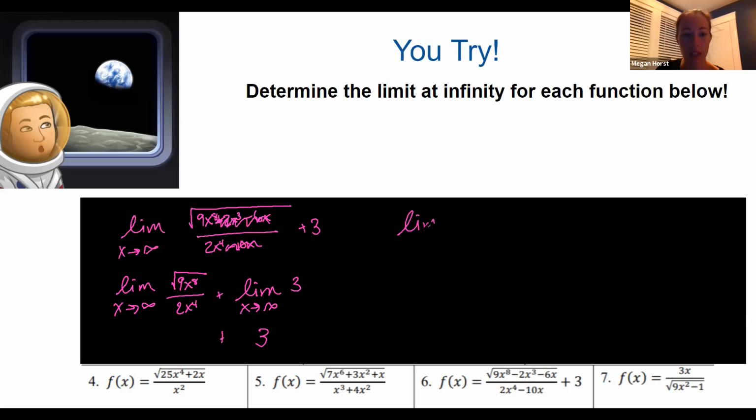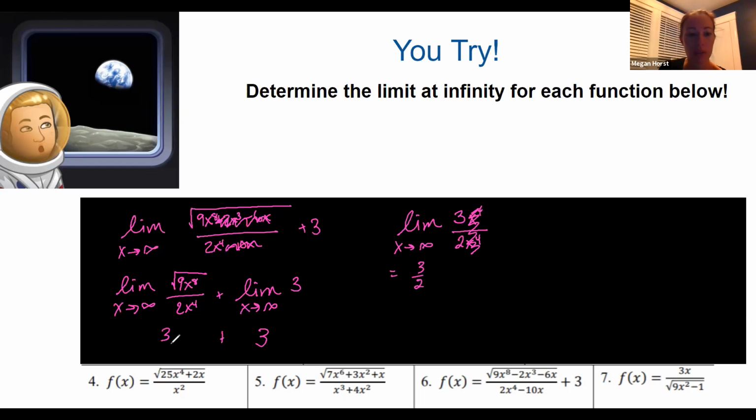We have the limit as x goes to infinity. If I take the square root of 9, I get 3. The square root of x to the 8th is x to the 4th. Again, you just halve whatever that exponent is. It's positive, so I don't technically need those absolute value signs, all over 2x to the 4th. Well, these are getting large at the same rate, so I can cancel those out, and it's just those coefficients that are going to result in the answer.